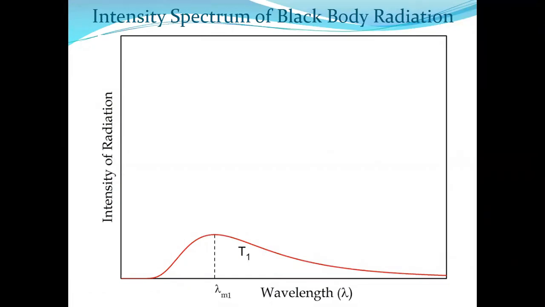What is intensity of radiation? Again, intensity of radiation is the amount of energy emitted by a body per unit area per unit time. Clear? So it is the energy measured per unit area per unit time.